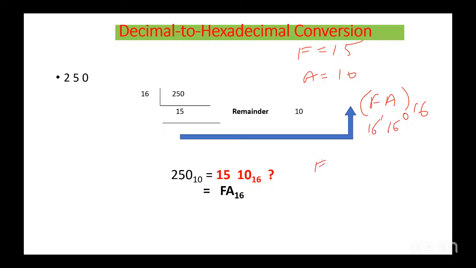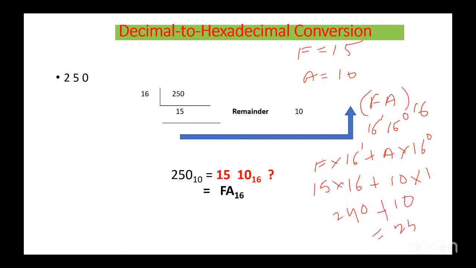So F into 16 plus A into 16 power 0. So this is the method.